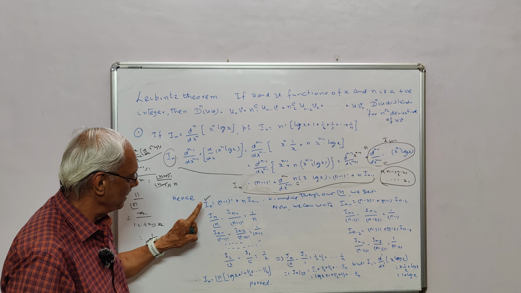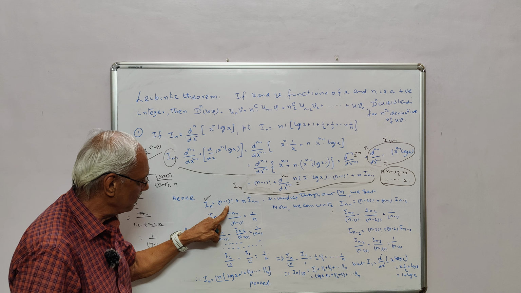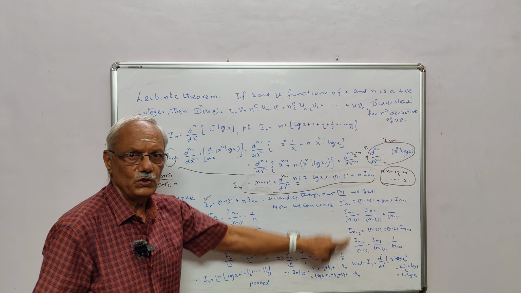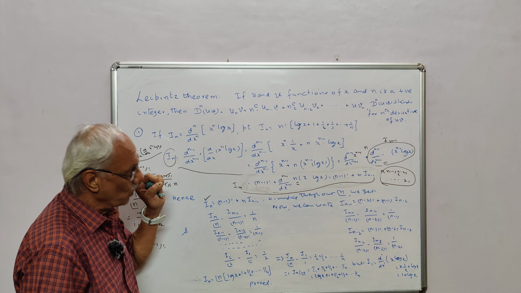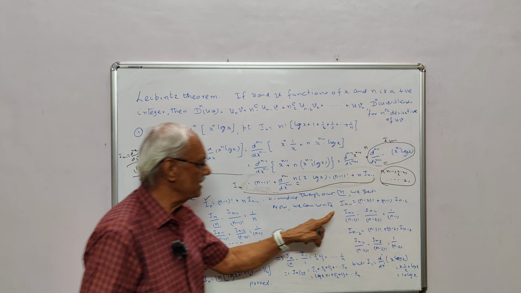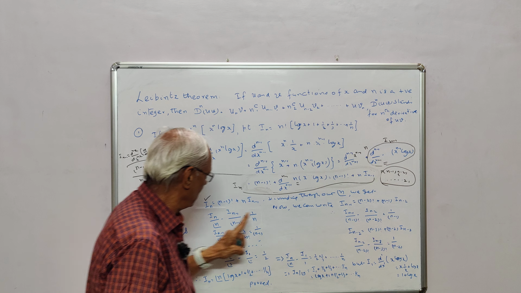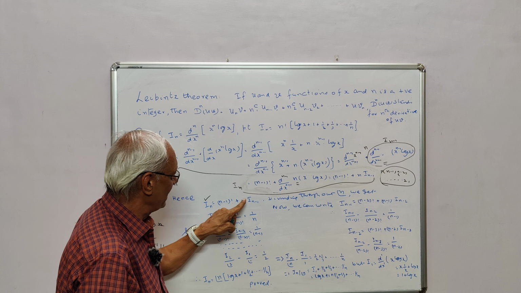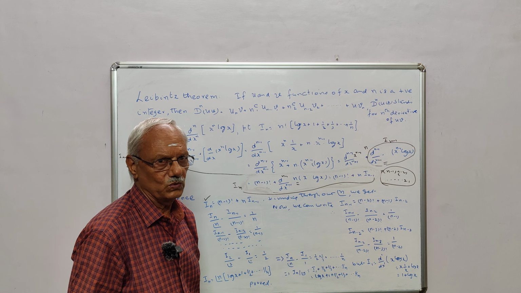Can you see the pattern here? I_n = (n-1) factorial plus n into I_(n-1). I have explained the working here. Use the very similar method, then you will get the value of I_(n-1) = (n-2) factorial plus (n-1) into I_(n-2).